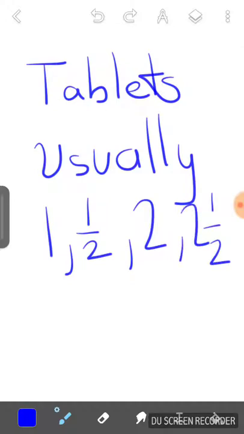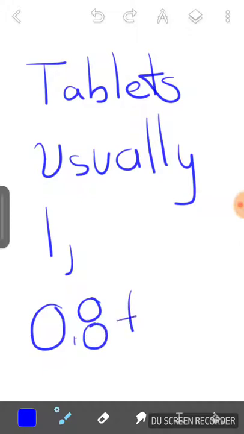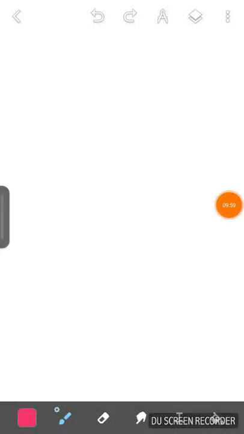So if, say for example, you have a calculation that comes out to 0.8 tablets, then you should know that this equals 1 tablet. Give the whole tablet. Look how little. That's not the size they want.